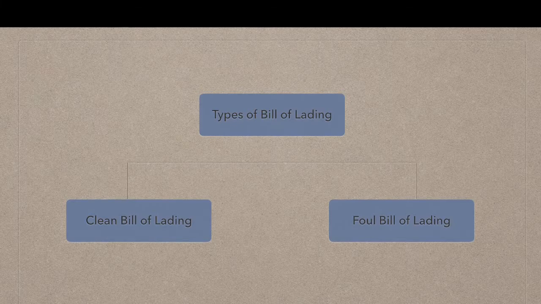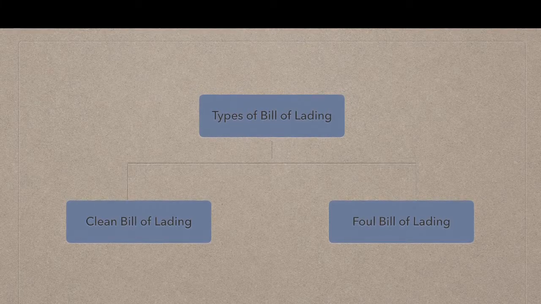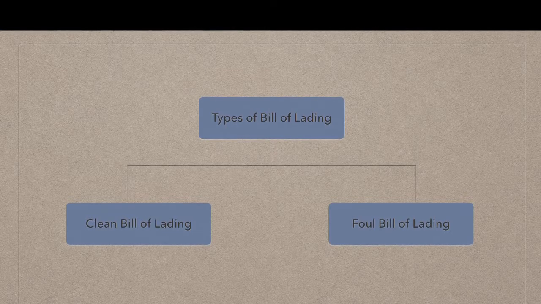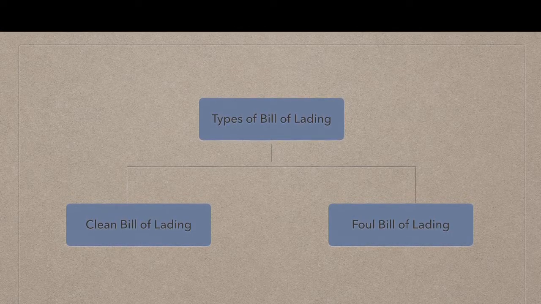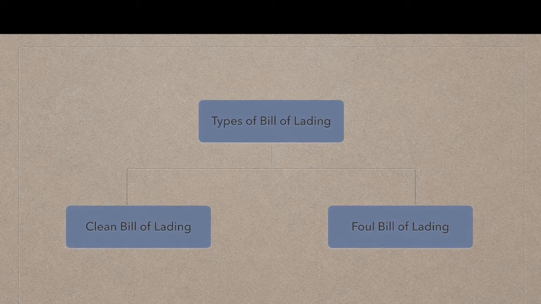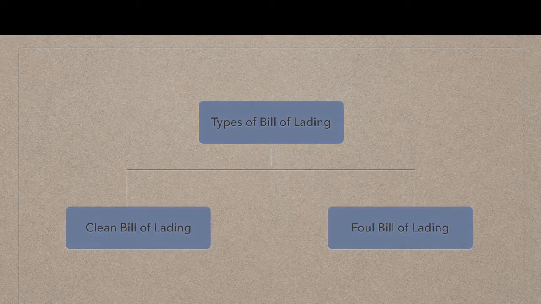The shipping company only delivers the goods when the bill of lading is presented by the importer. So a bill of lading is a very important document when it comes to export trade.